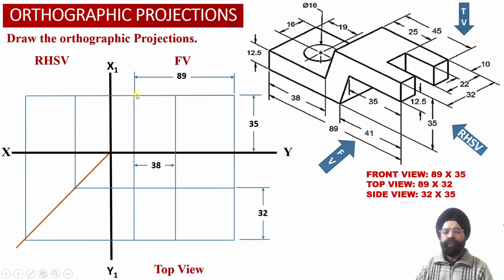So from the left hand side face of the solid at a distance of 38 millimeter, we have obtained a vertical projector line which is going to depict the location of this point over here, right? So we have marked a vertical projector line at a distance of 38 millimeter from the left hand side face of the solid, and we have extended this vertical projector line into the top view projections as well.